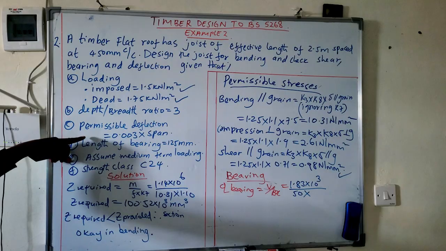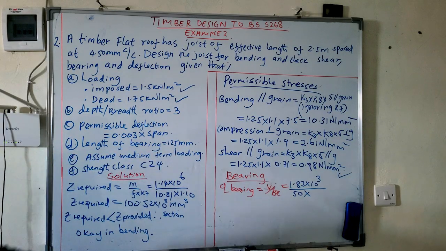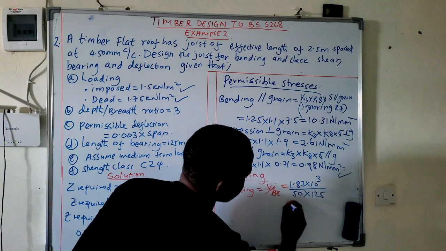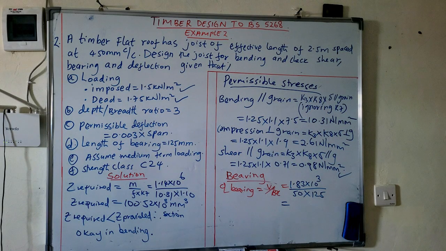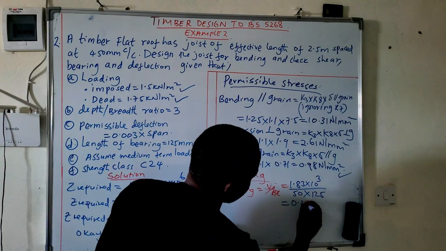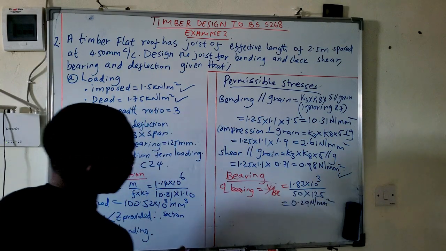So if you check here, length of bearing is 125, so times 125. So the answer is 0.29 Newton per millimeter square.